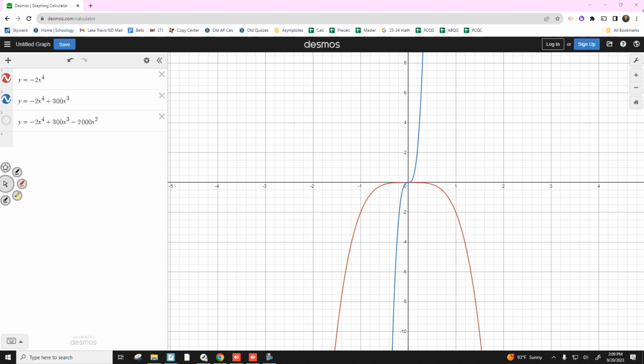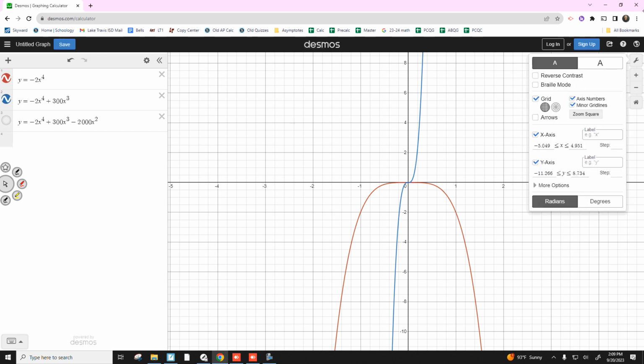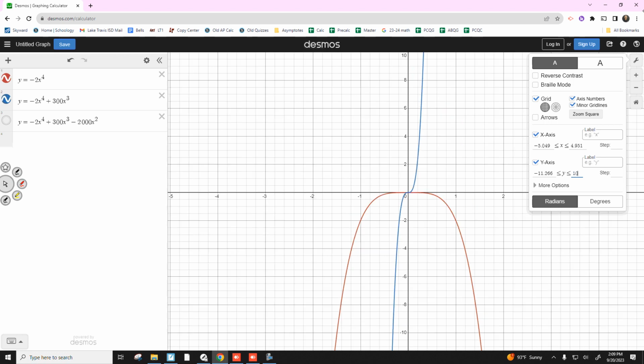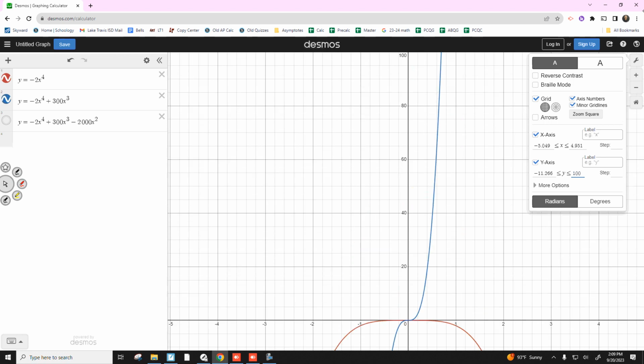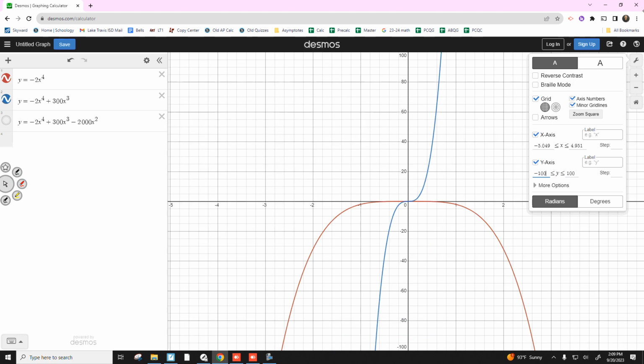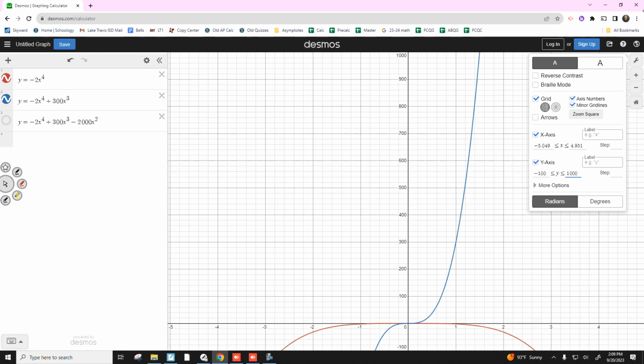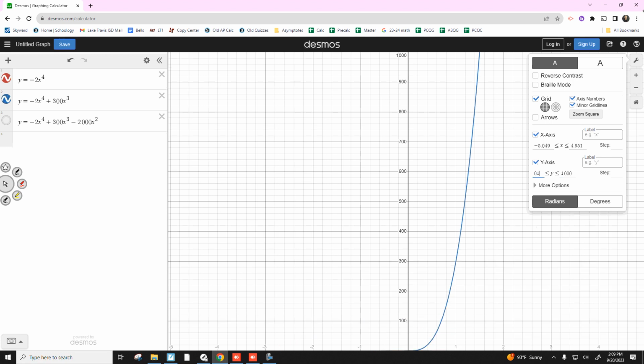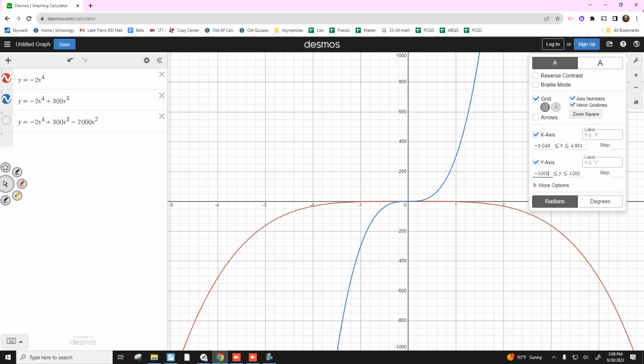Nailed it. What Fang was just saying was, zoom out, Mr. Messner. Okay, so let's zoom out. 100, negative 100. 1,000, negative 1,000.